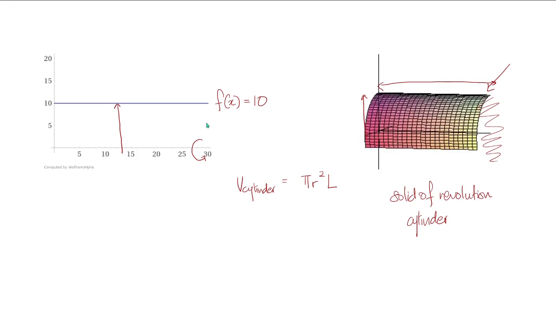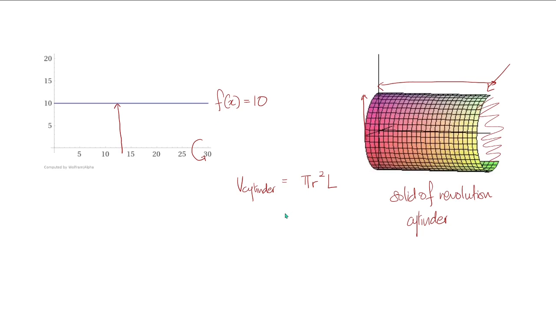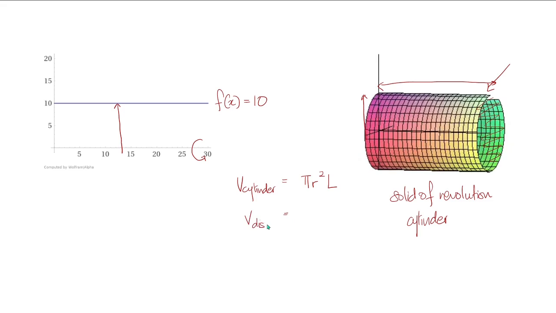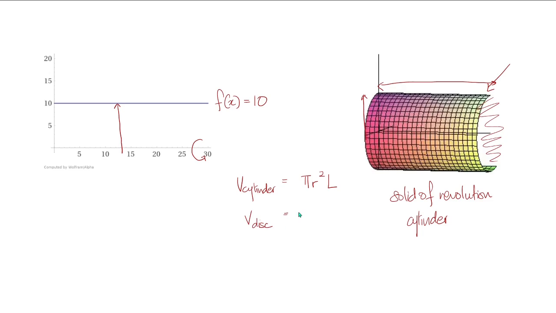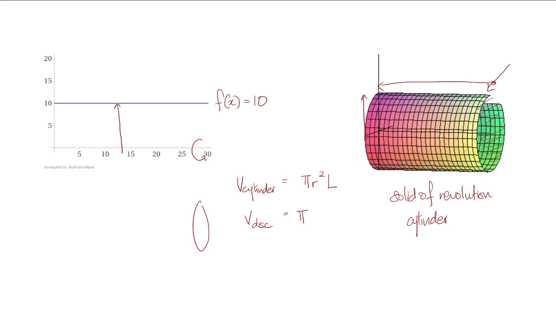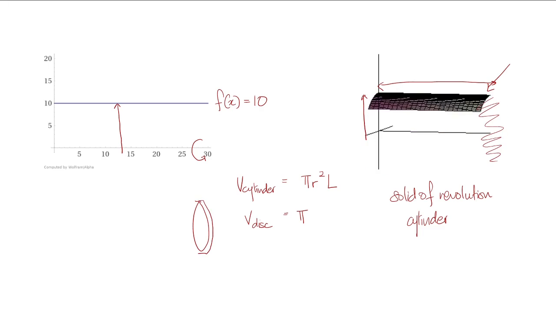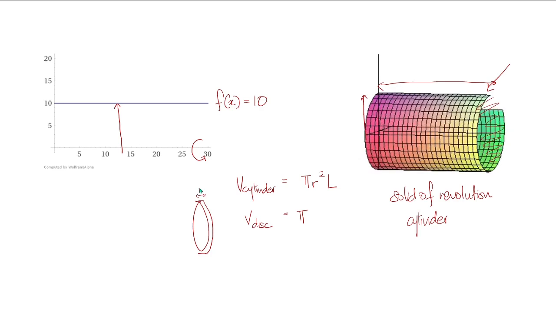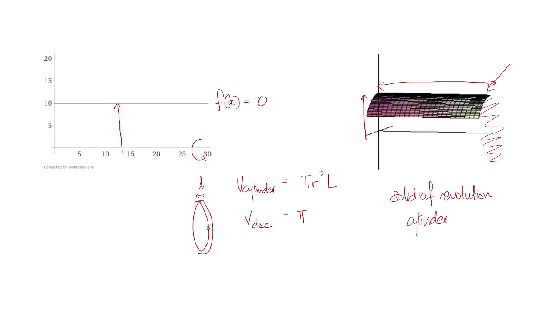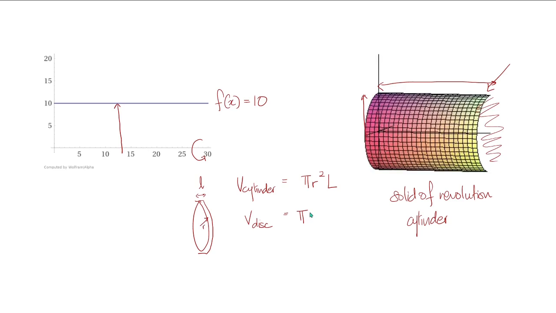I think this is the same if we are working with a disk as well. If you're given a disk like this, let's say this is the thickness of the disk. Let's name that thickness with small l, and the radius of that disk is r.